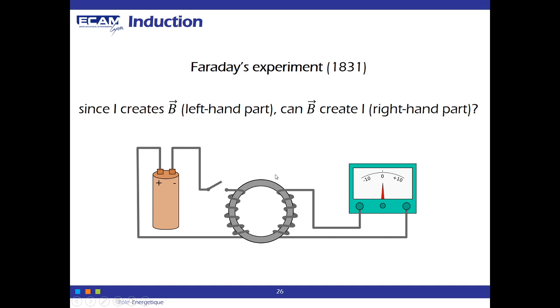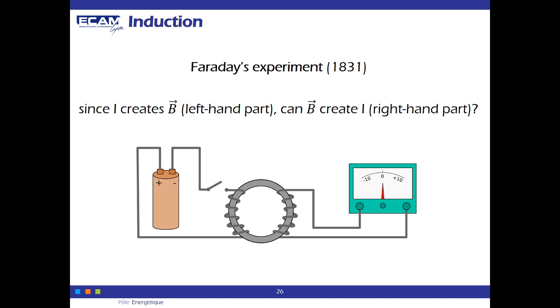Here, one day again, Faraday tried this simple example. He has such a toroid, which is composed of two electrically isolated coils, and the isolated second coil he connects to a meter. I mean, an electric ampere meter or voltmeter, we don't care.